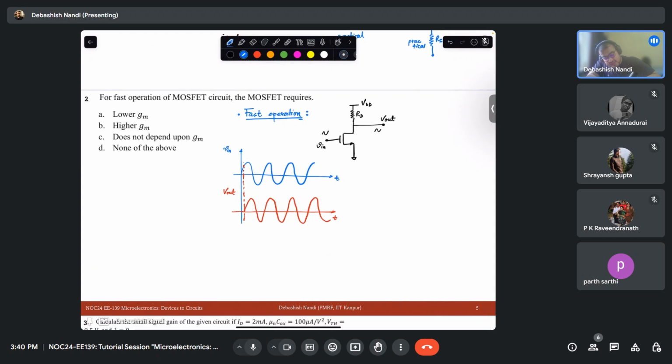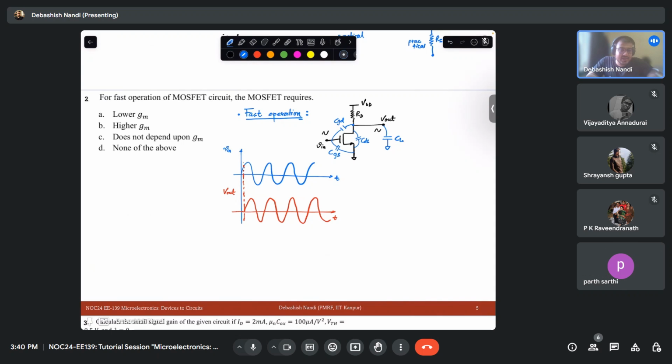To be very honest, your circuit has many capacitances. It will have this CGD, this CGS, then your CDS. Then the next stage will have the gate of some different transistor, so it will have some kind of load capacitance.